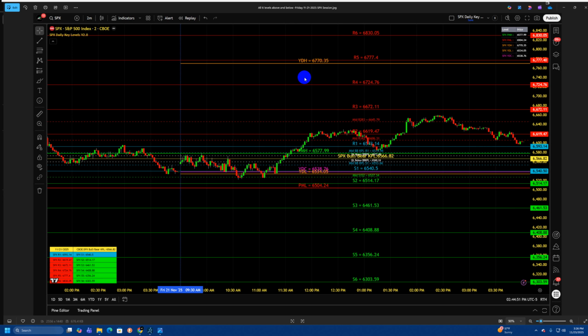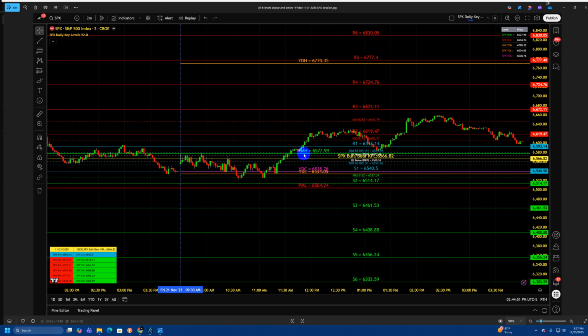Also, I wanted to show you all 6 levels because here is the YDH level, which is yesterday's daily high. So the other key levels besides the main R1 through R6, the bull bear KPL, and the S1 through S6 are the YDH, YDC, YDL, PML, and PMH.